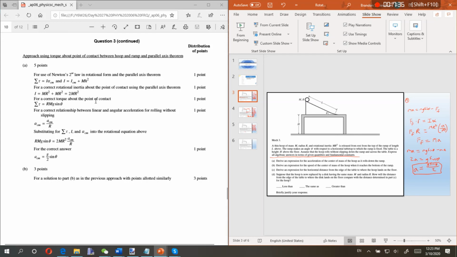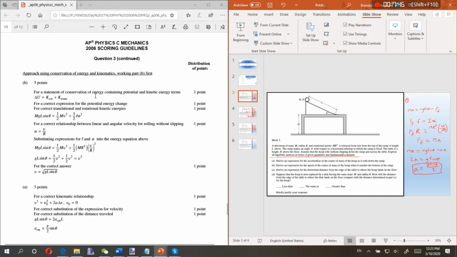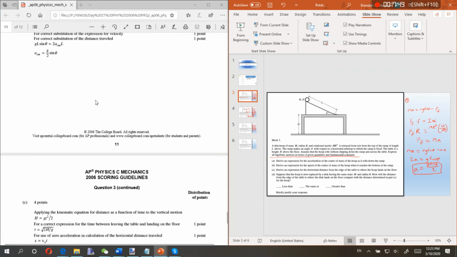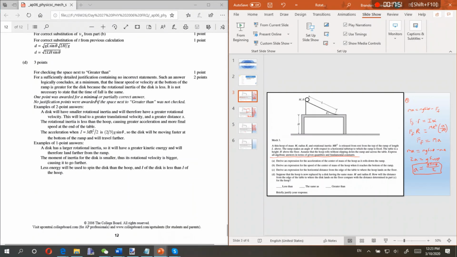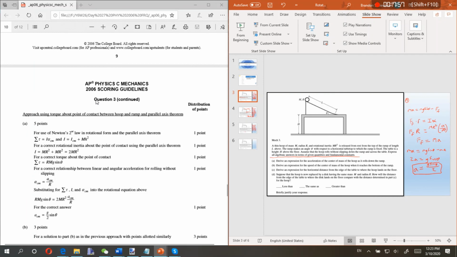Okay, we did not do that. Is there another approach? Using conservation of energy. I don't think we did that either.